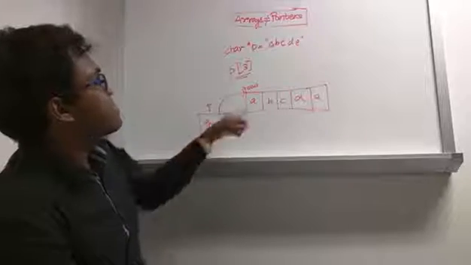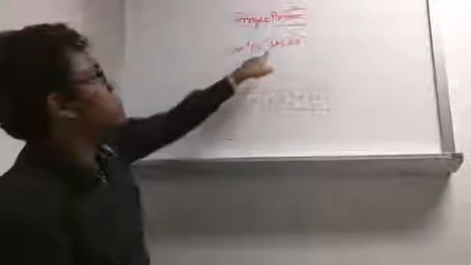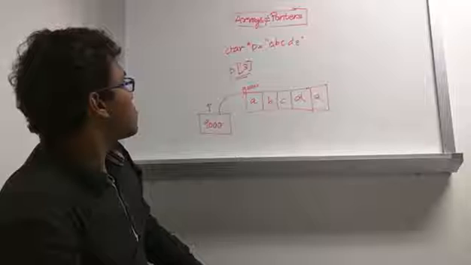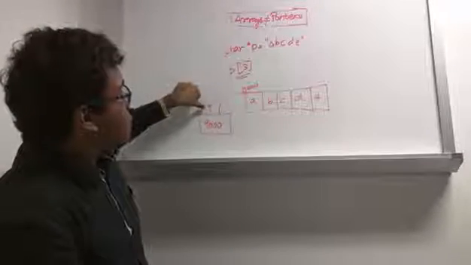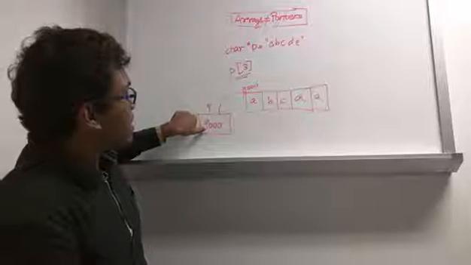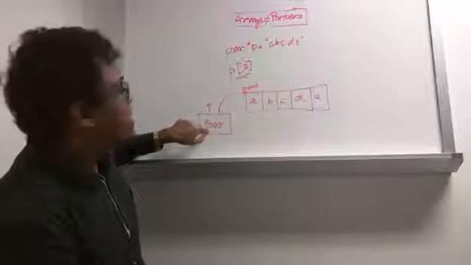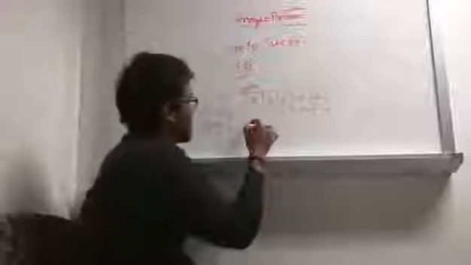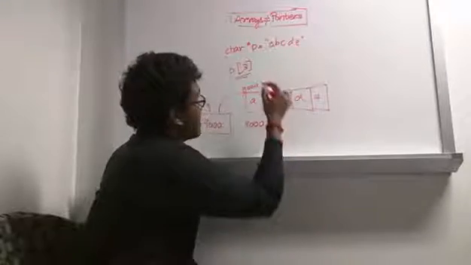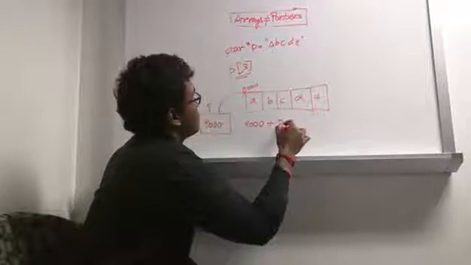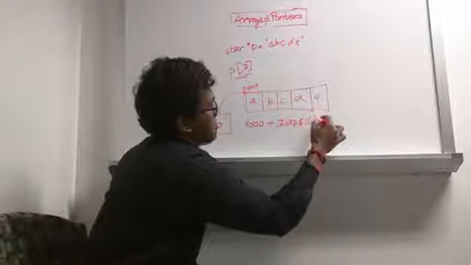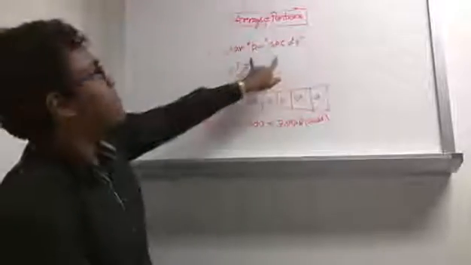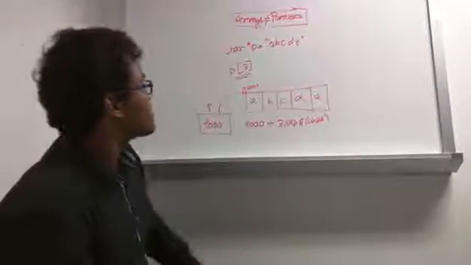So P is an indirect reference to the first object of the string. What the compiler does is it dereferences P, it finds out the value located at the address pointed to by P, and then to this address 9000 it adds 3 times the size of a character, because again arrays are located in consecutive locations.